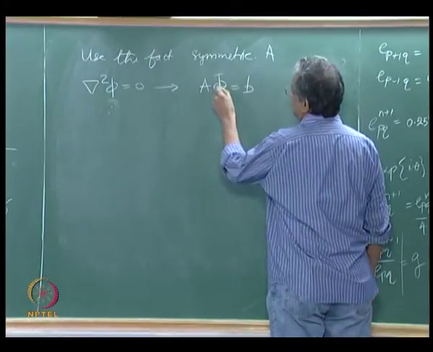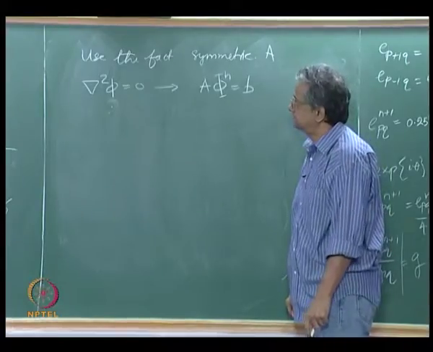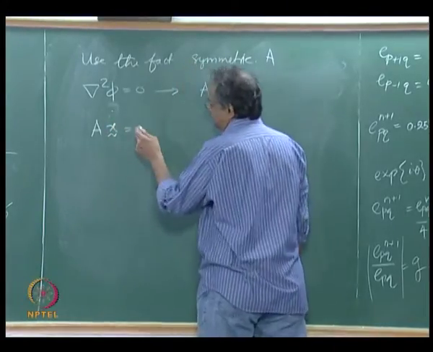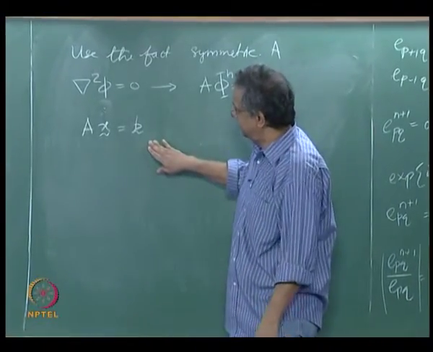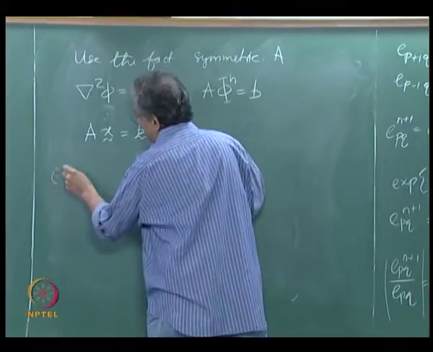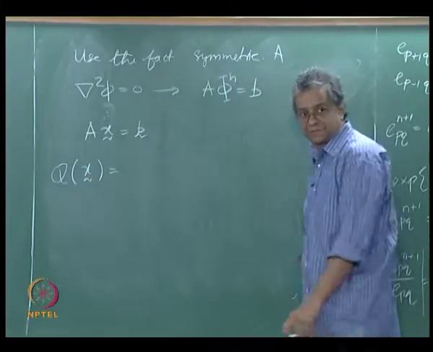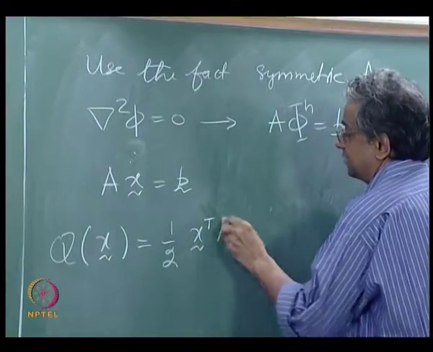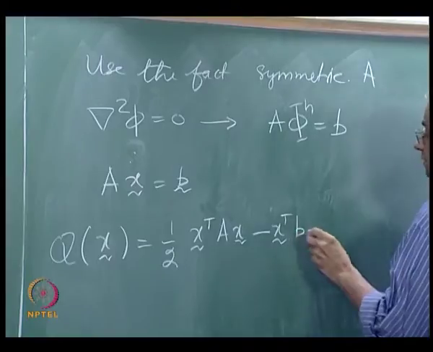So this could be transformed into, to stick to our consistent notation, this. I basically said that, to make it look like a traditional standard problem that you are used to, if you just write it as A x tilde equals B tilde, then corresponding to this we can come up with a function q of x tilde, which is 1/2 x tilde transpose A x tilde minus x tilde transpose B tilde.